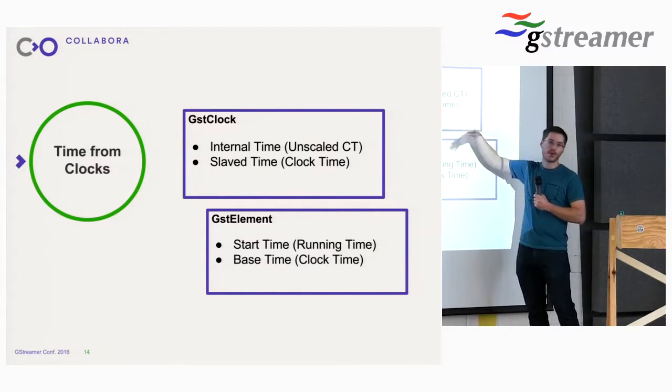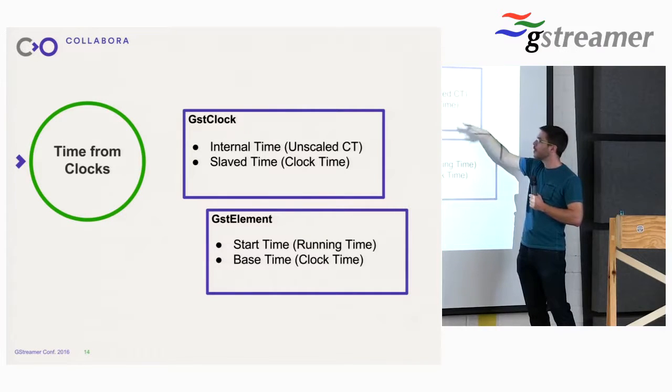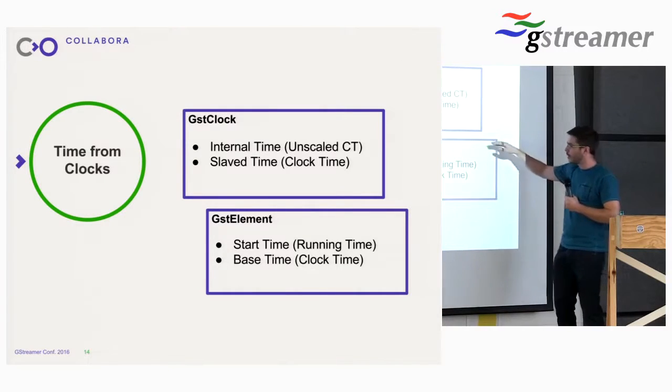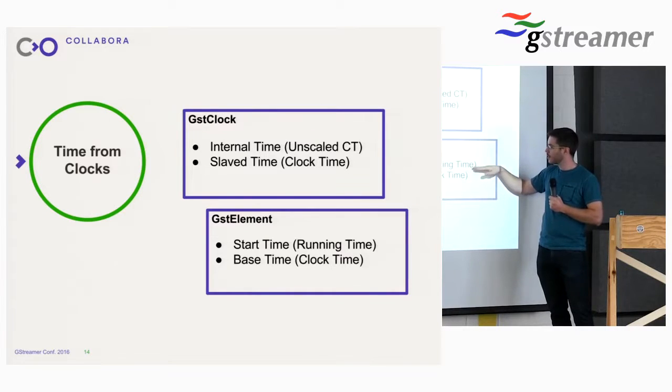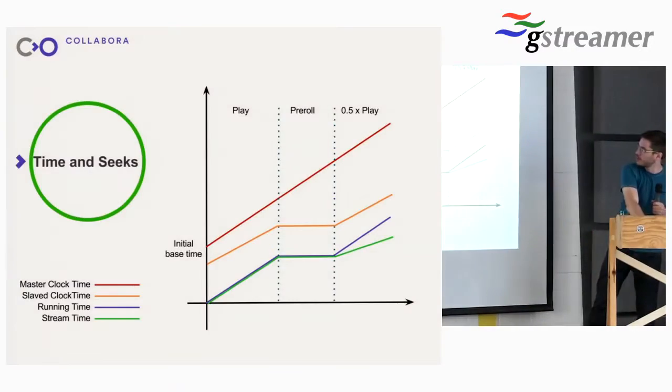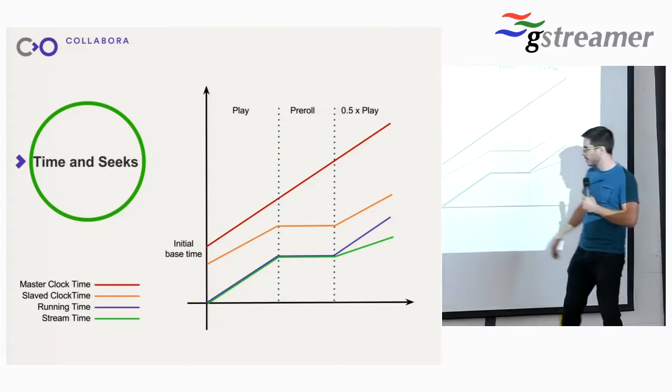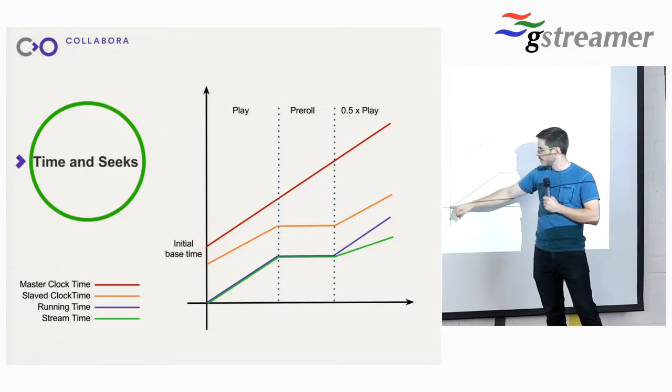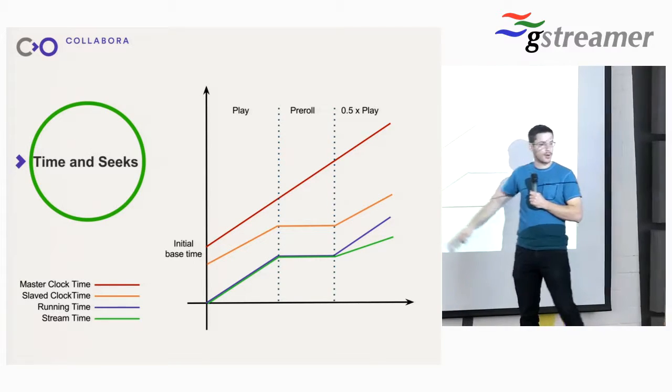And then the slave time, unless it's the master clock, is the clock time. In GstElement, start time is running time. Because if I could just go back, you see that the running time is something that starts at 0.